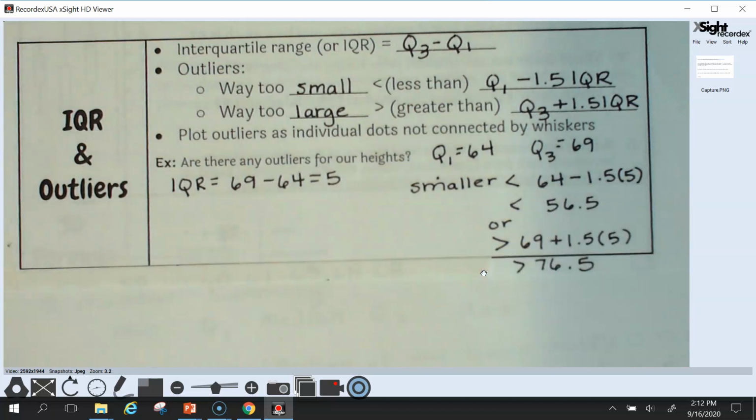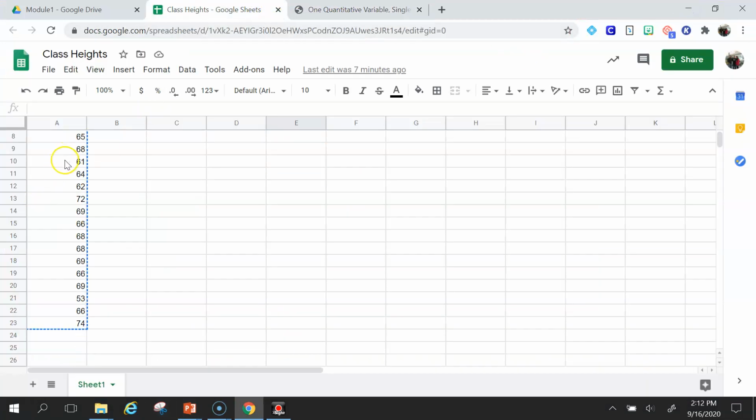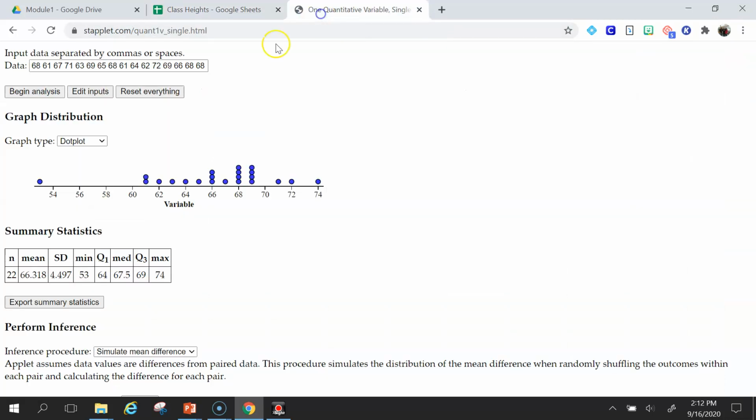So now I need to look at my original data set. I'm going to shrink this down for a second and go back to my class heights. Okay, I see 53 here. I don't see anything else.